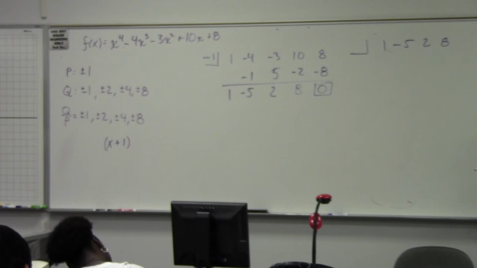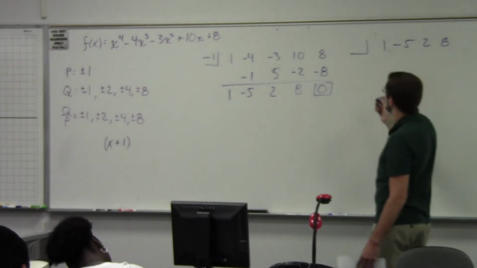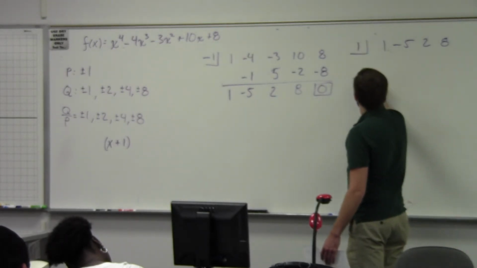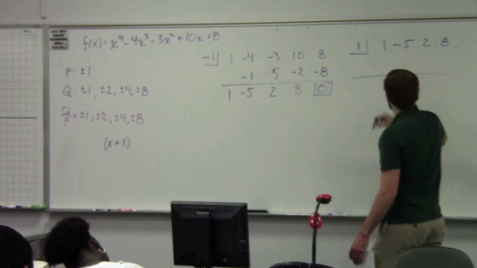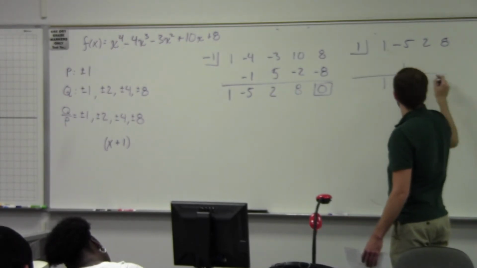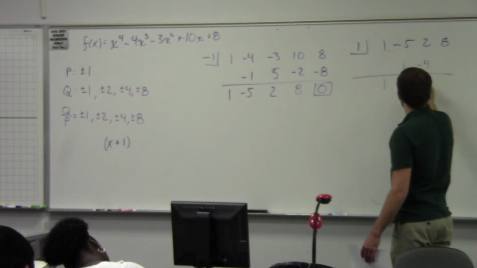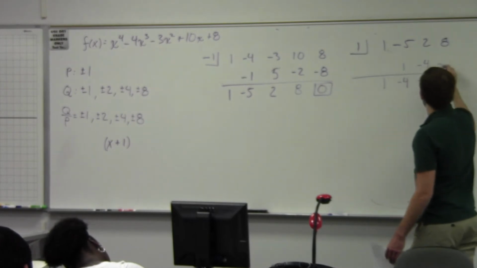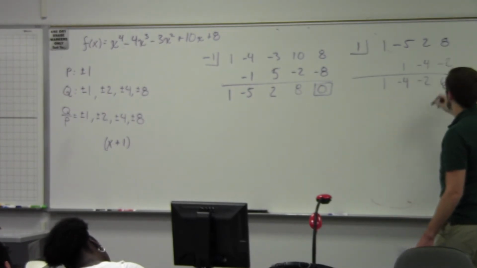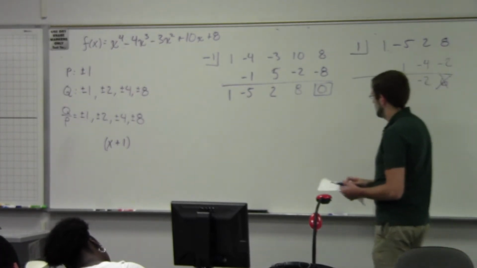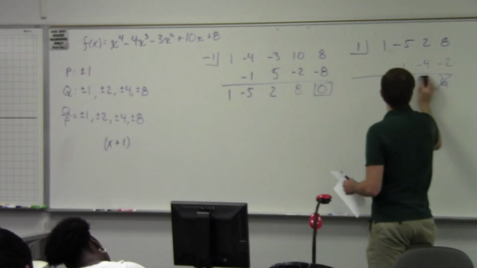Let's do positive 1. So I drop the 1. 1 times 1 is 1. Negative 4. Yeah, so this one's not going to work. And 2, and I get 6. So I didn't want that. I need to pick something else that'll give me a 0.